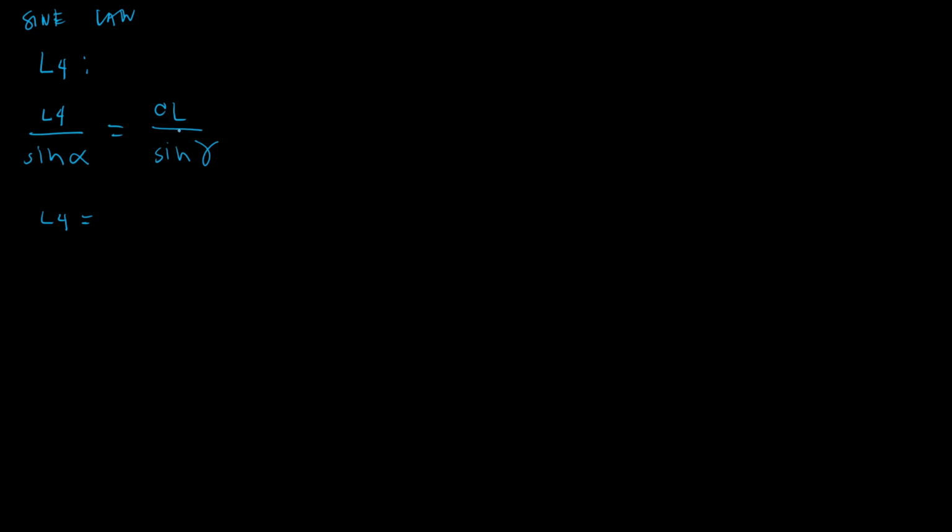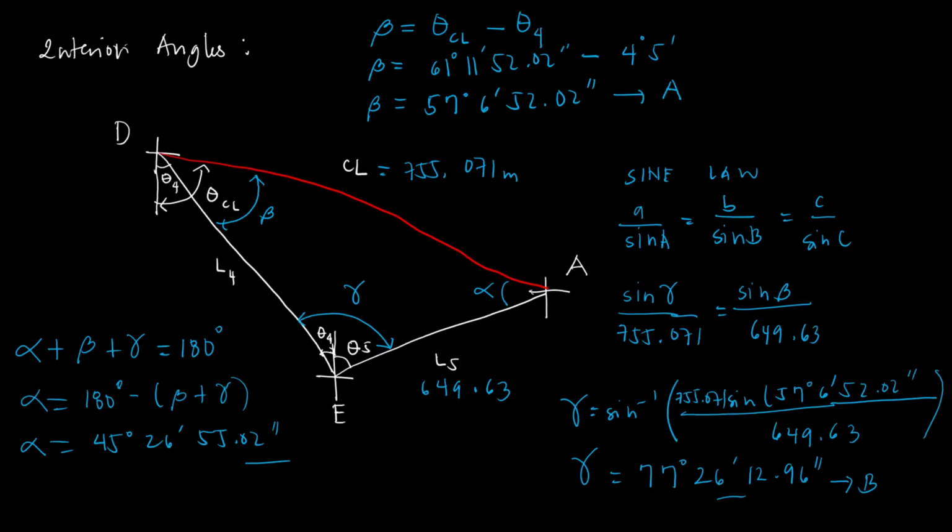So, cross multiplies. Yung CL natin is 755.071 sine alpha divided by sine gamma is equal to, so, ito na maayot yung mga alpha and then gamma, di ba, in-store natin yan. So, 755.071 times, ito, store na lang natin sa C. Ito, C. Ayan.